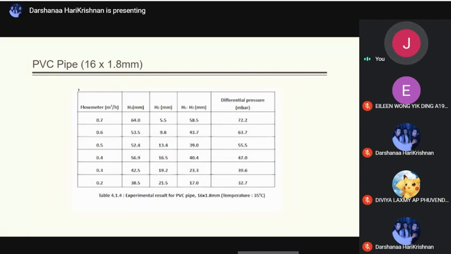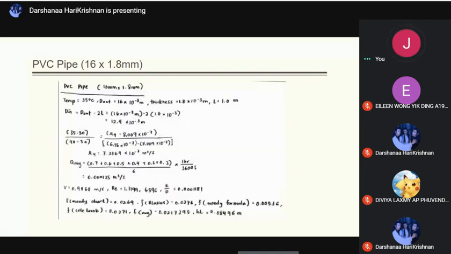The fourth one, we have PVC pipe 16 times 1.8 millimeter. Okay, this is the result that we obtained for this PVC pipe for the temperature 35 Celsius. Next, this is the calculation, and from the Moody chart we have 0.0269.